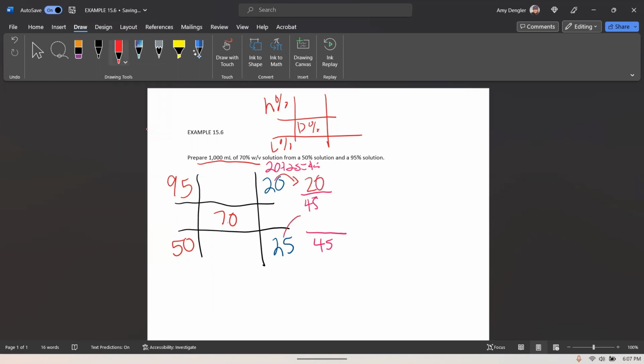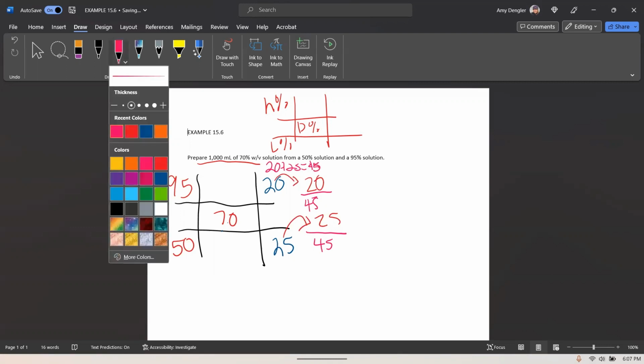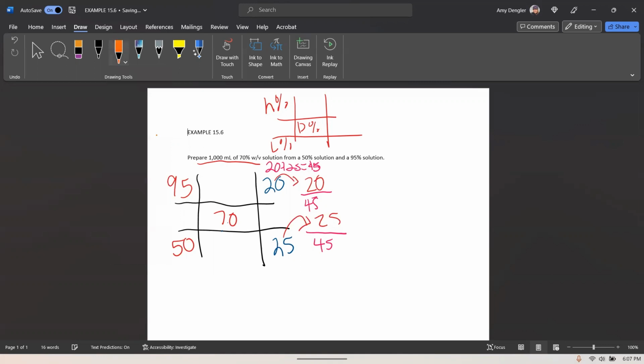So 20 and then 25. I don't need to simplify. I can leave everything the way it is. And then I'm going to multiply it by the amount we're preparing in milliliters. So 1000 ml. And I am going to do that for each one.